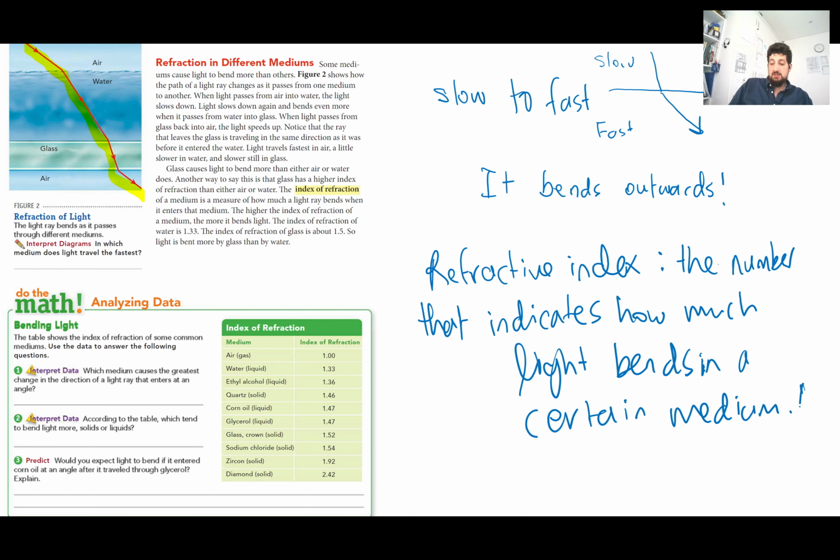Okay, that's all it is. Just a bending number. Okay, let's have a look here.